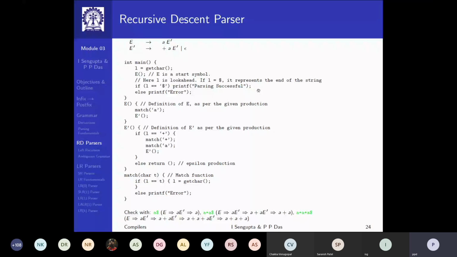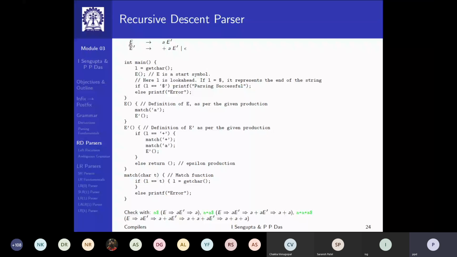I present another grammar. E produces A E primed, and E prime produces plus A E primed or epsilon. Just spend a minute understanding the grammar. What could be the simplest sentence that we generate?